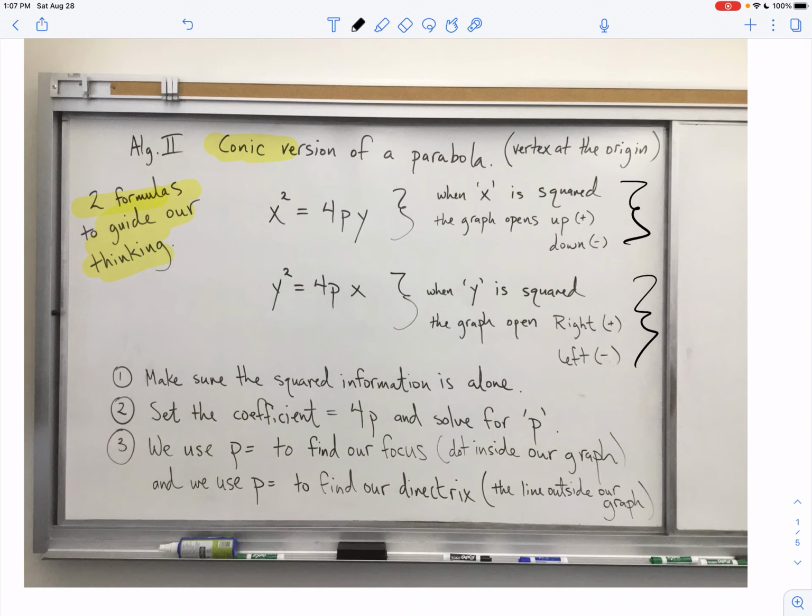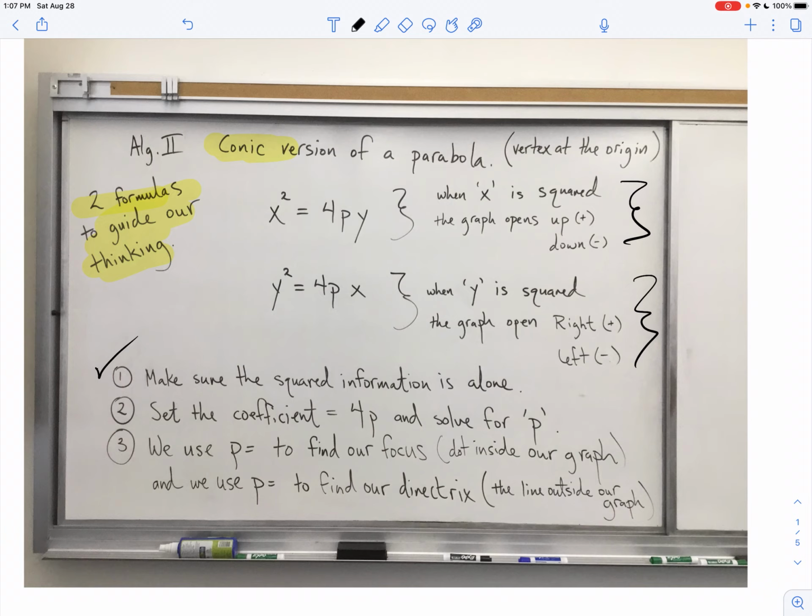Now, there's one thing we need to do before we start the process, and that is make sure that the squared information is alone. Then it says set the coefficient equal to 4p and solve for p. So you're going, what does that mean? Also, it says we use p equals whatever we got to find our focus, and we use p equals to find our directrix. And you're like, what is that?